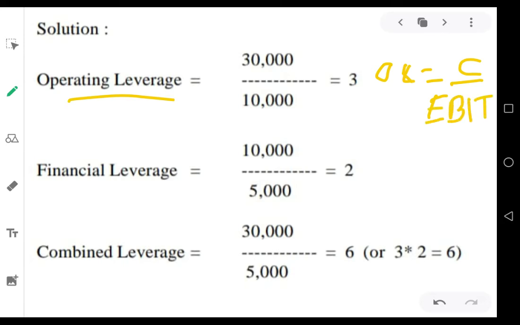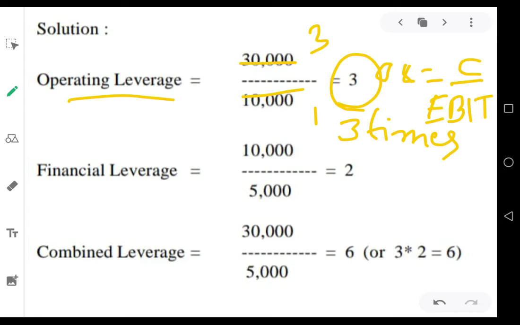I have given the formulas in the last class itself. So, contribution divided by EBIT, that is 30,000 by 10,000. Therefore, your operating leverage should be 3. Actually, we write the leverages in terms of times, 3 times, 2 times, like that.